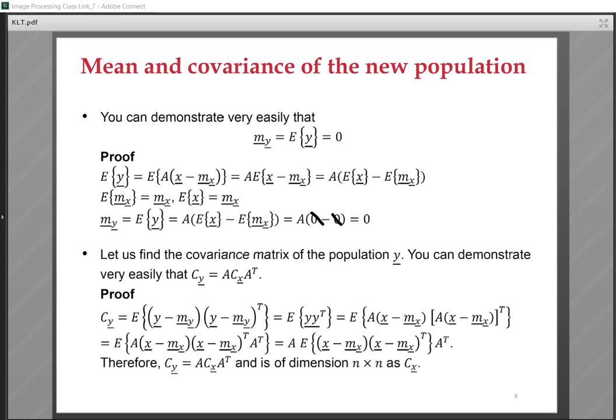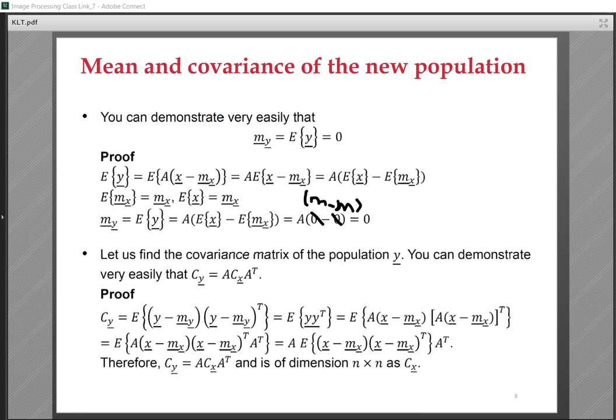I draw here: this is mx and this is mx, so mx minus mx. m minus m is 0, and A times 0 is 0. That's right.